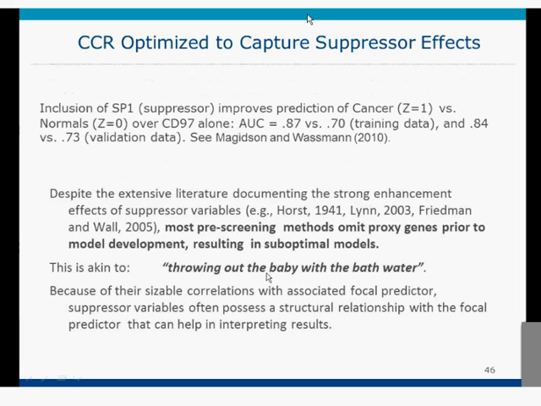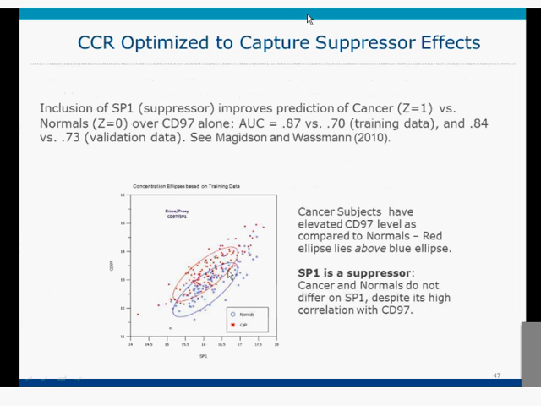Okay, now let me give you some intuition as to how this works in practice. This is real data. This is SP1, which is plotted on the x-axis. Another gene expression for gene CD97 is given on the y-axis here.